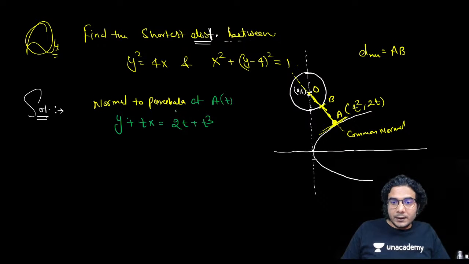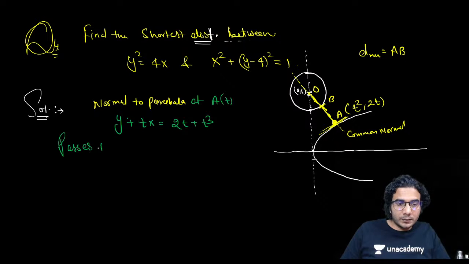Now, as we have got the equation of normal, we need to find t. This normal passes through the center of the circle. So what is center of the circle? 0, 4.